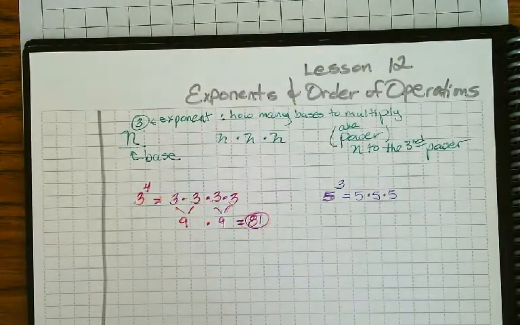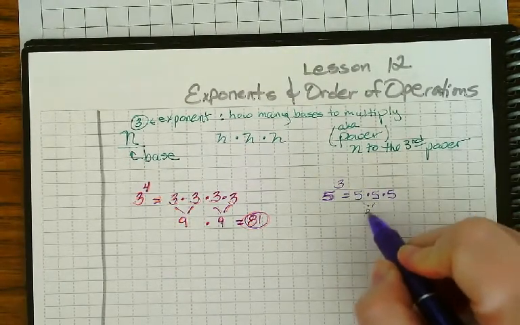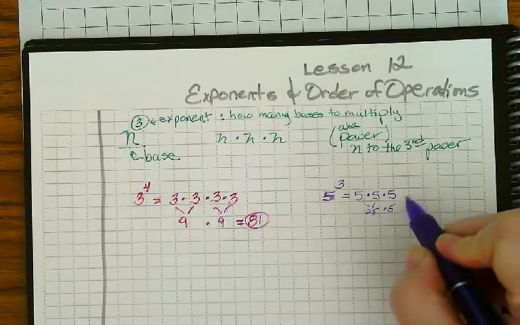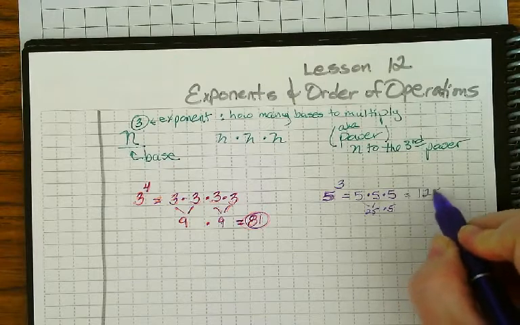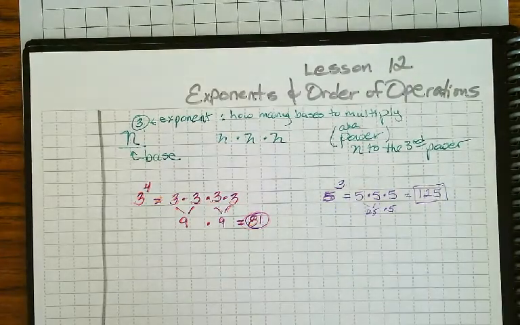All right? I expect to hear that in the classroom. When you're working your work, I want to hear that. You know it's all about the base, about the base. All right, so 5 times 5 times 5. Well, 5 times 5 is 25, and 25 times 5 equals 125. So 5 to the third power is 125.